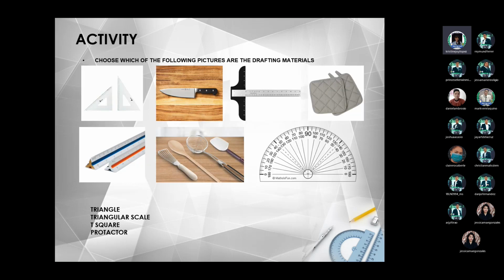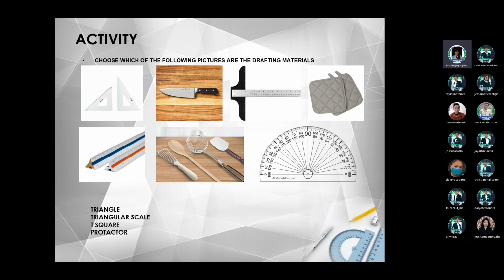Our activity is we're going to choose which of the following pictures are the drafting materials. Prince, can you give me one drafting material? Triangles, ma'am. Okay. Triangles for the first object or picture. Miss Jessa, can you give me one drafting material?